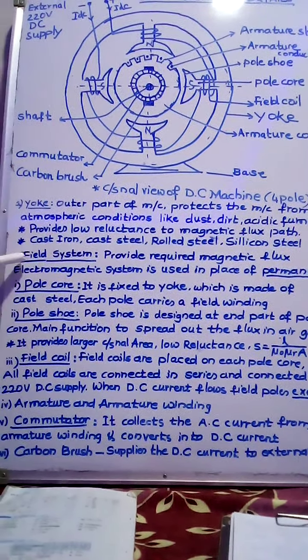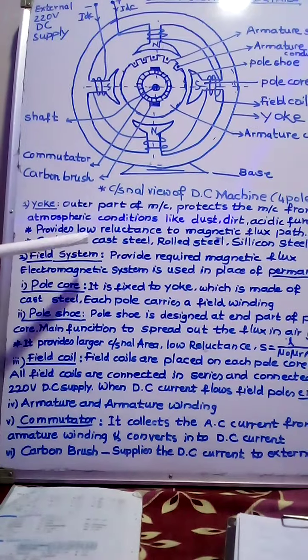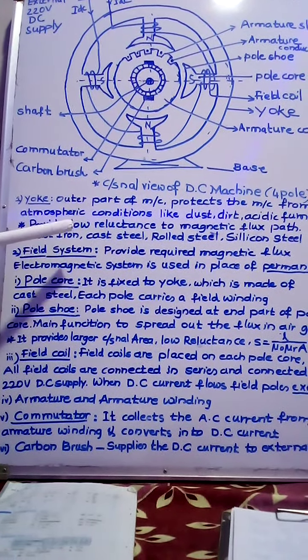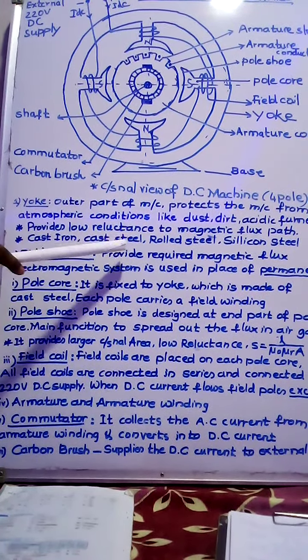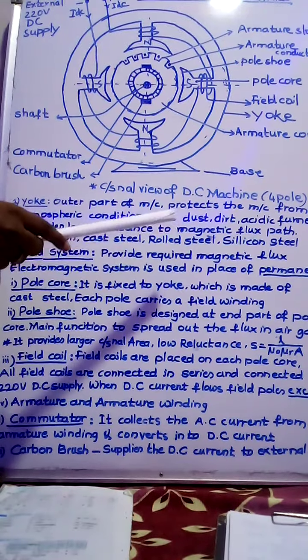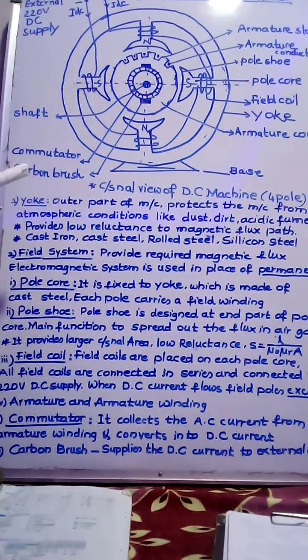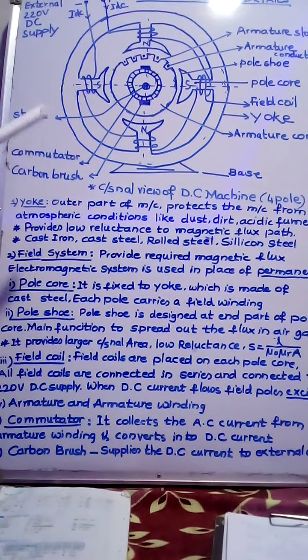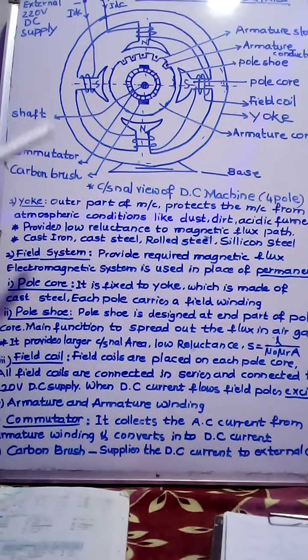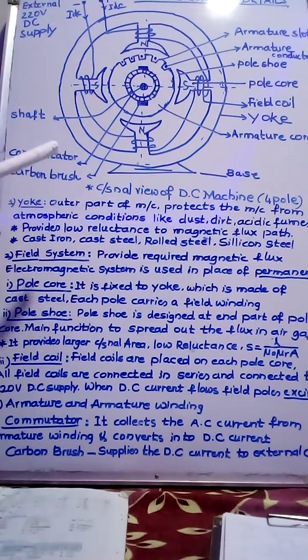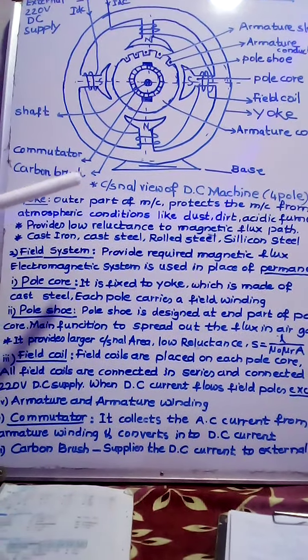Next, we shall go for the field system. What is the main function of the field system? The main function of the field system is to produce the required amount of magnetic flux in the machine. We can produce the magnetic field by using permanent magnets or electromagnets.